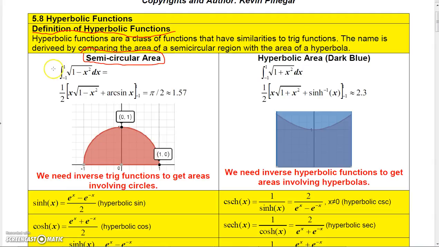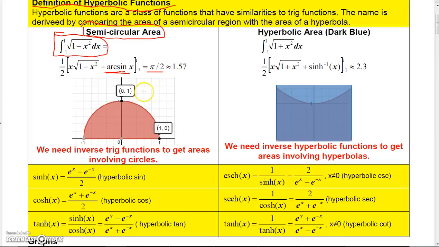Well, in order to evaluate this integral, and you don't have to worry about where I got this answer, we would have to involve an inverse trig function, and then when we evaluated this function from -1 to 1, we would get pi over 2, which of course is the area of a semicircle that has radius 1.